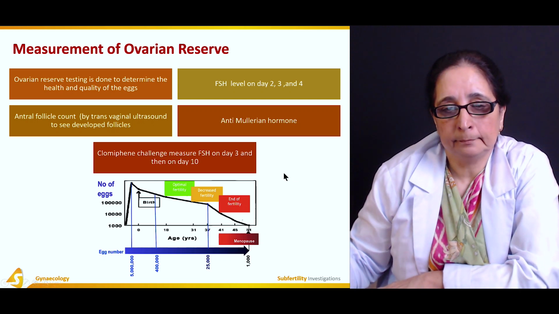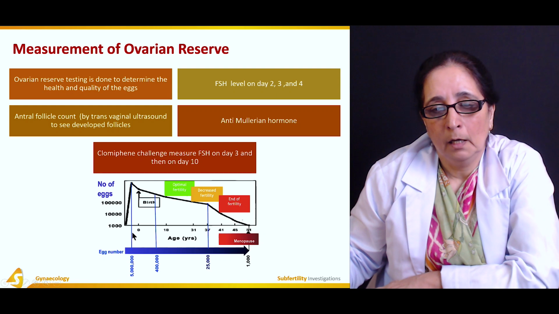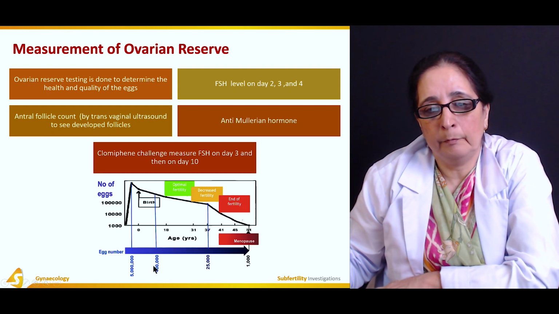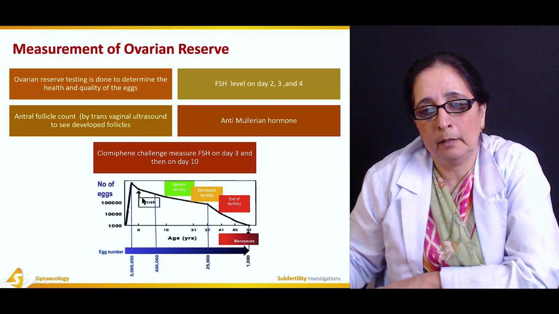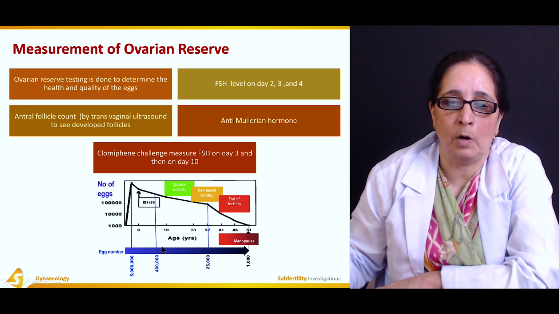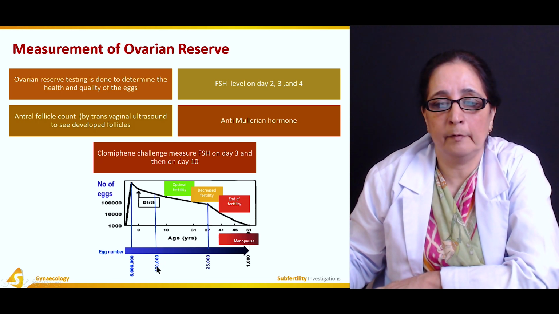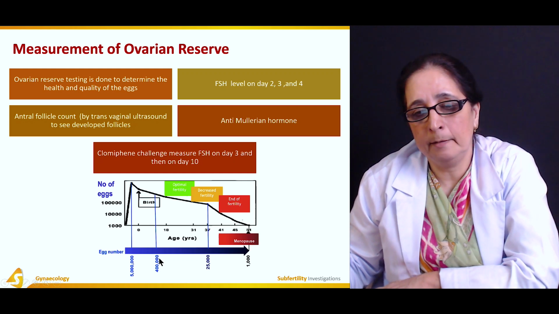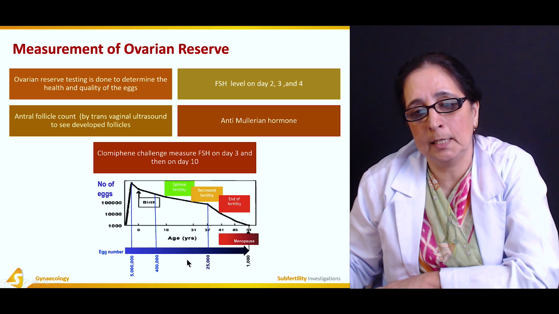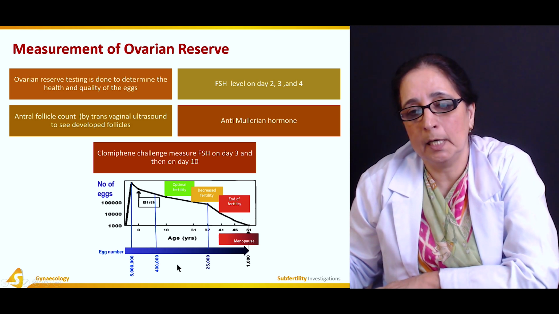If you see here, at the time of birth, before puberty, each female has about 400,000 ova. Egg number is 400,000. So with time, with each cycle, ova keep on being produced and released. They keep on decreasing in number.